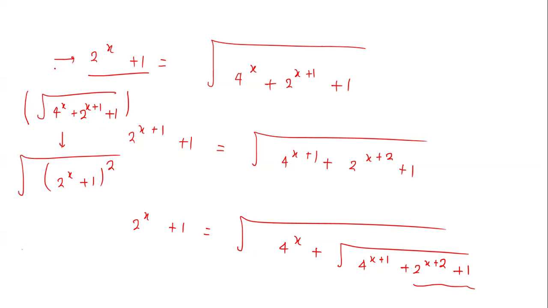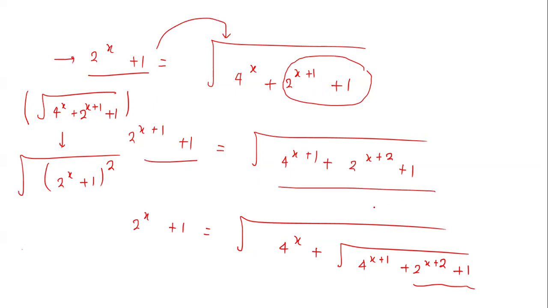So you can represent 2 raised to power x plus 1 in this form, and here again you have 2 raised to power x plus 1 plus 1. You can again represent this in square root form, like 4 raised to power x plus 1 plus 2 raised to power x plus 2 plus 1.